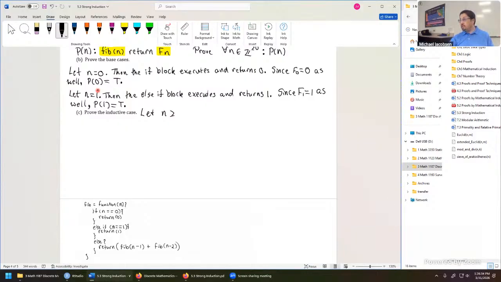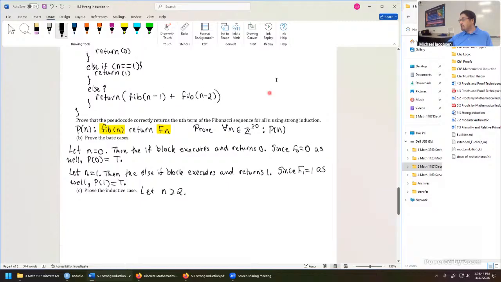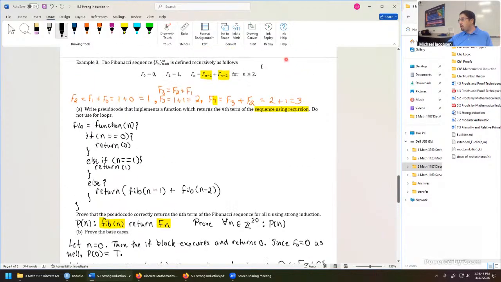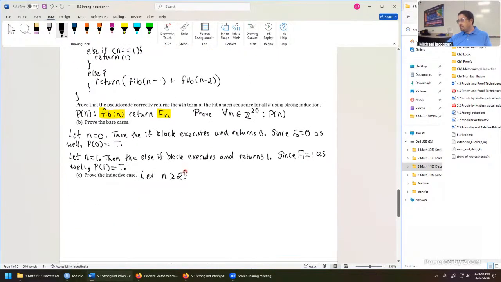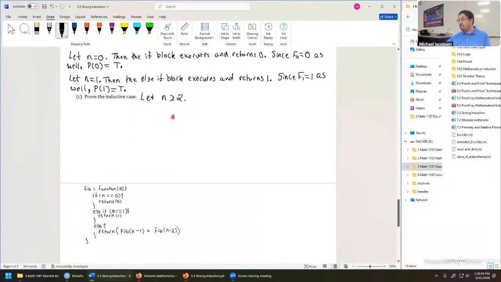So if that's a 1, in the inductive case, we're going to let n be 1 higher, greater than or potentially equal to 2. And the other thing that we mentioned with these kind of proofs is it should match up with this part right here when we're defining the nth term recursively. So this part needs to match up with this part right here.